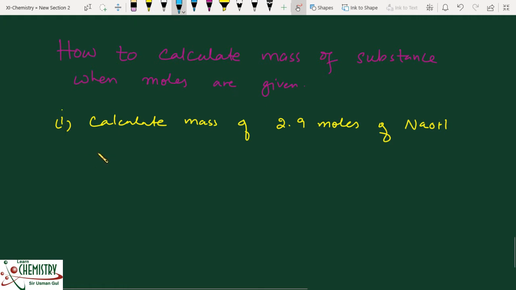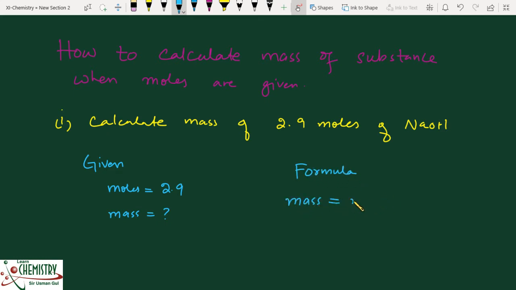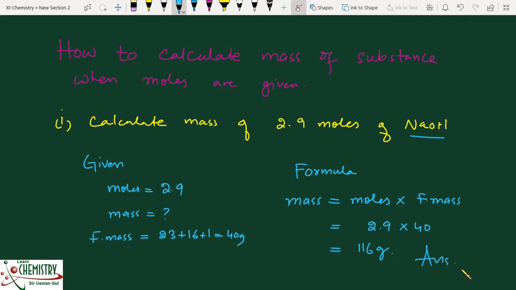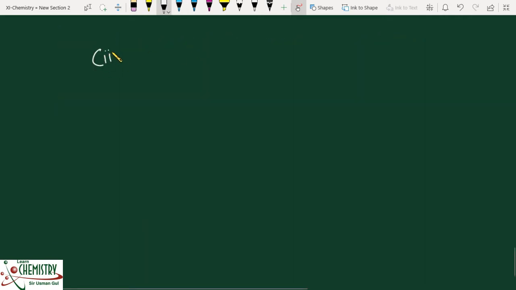Given is moles, that is 2.9, and we require the mass. First I will write the formula. The formula is very simple: mass equals moles multiplied by formula mass. We need the formula mass of NaOH, that is 40 approximately. So 2.9 multiplied by 40, the answer will be 116 grams.